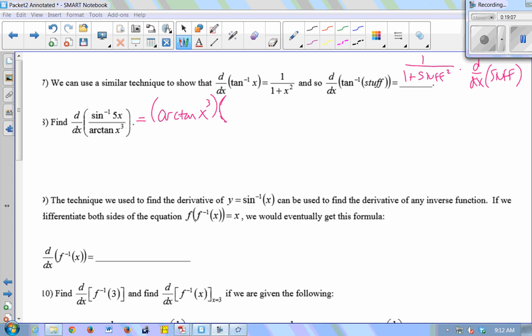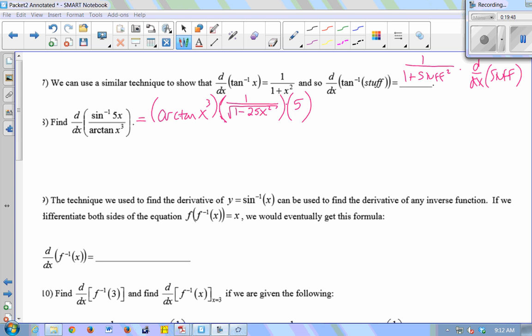So the derivative of the inverse sine of some stuff is going to be 1 over the square root of 1 minus the stuff squared, and the stuff is 5x, so this is going to be 25x squared, or 5x in parentheses squared. Okay, so that is the derivative of the inverse sine of 5x, but then I have to multiply by the derivative of this stuff, which would be what? 5.